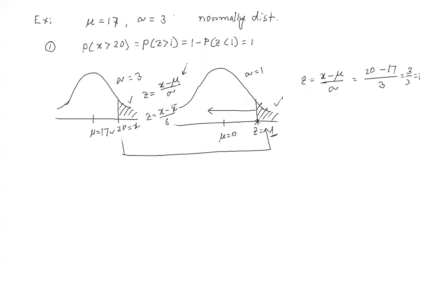If you look it up in the table, it should be 0.8413. That is going to be 0.1587, I guess. So there is a 15.87% chance that someone would study more than 20 hours.